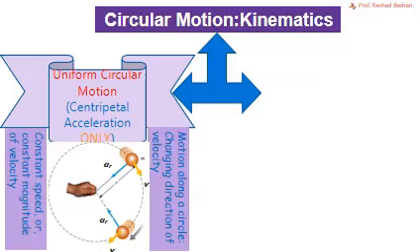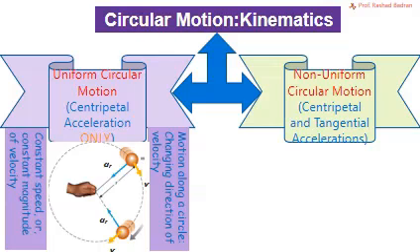The answer is a centripetal force. That is the force acting perpendicular to the direction of the velocity and towards the center. And this centripetal force will give us the centripetal acceleration.